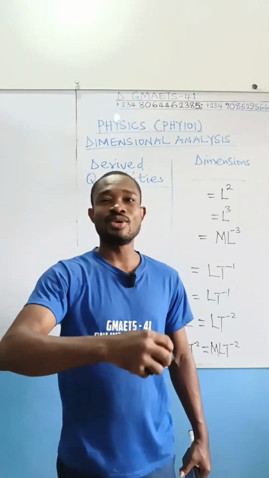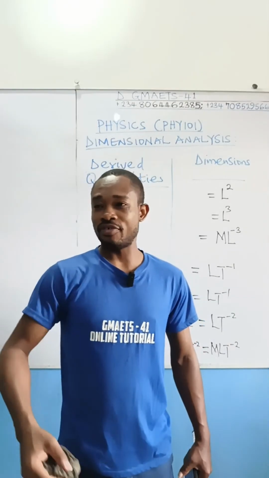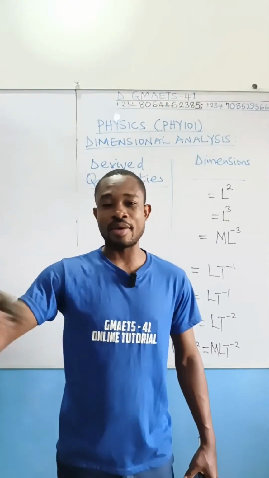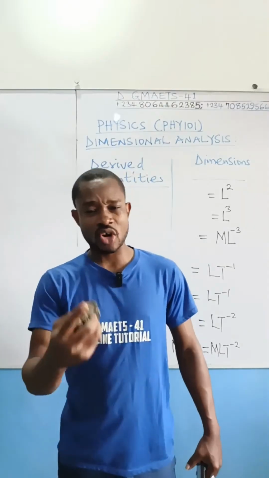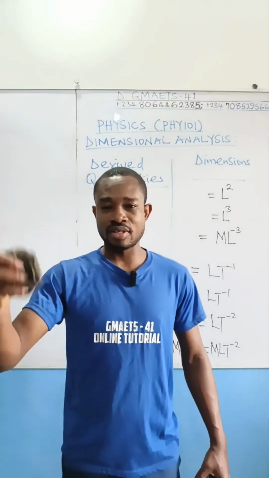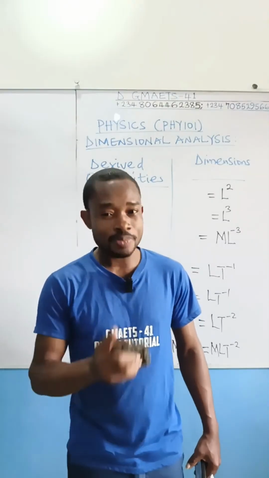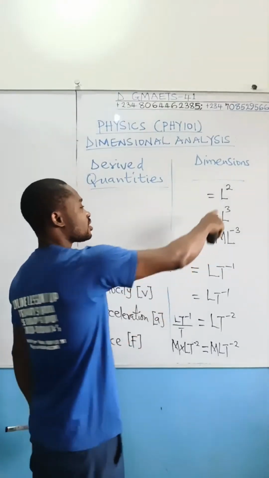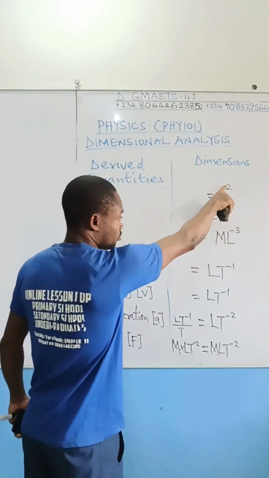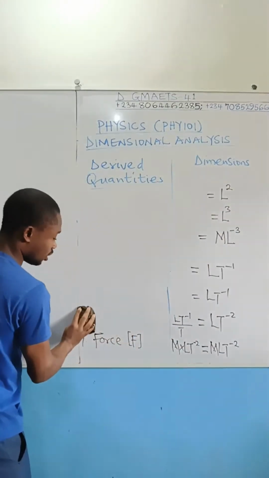Do not go deriving that density is mass over volume, so dimension of mass is M over dimension of volume is L cubed, applying the division law of indices. You don't do all those things, except if you're asked to derive it. The dimensions themselves are all these things we wrote. Are you following here? Okay, let us move on to the dimension of work.